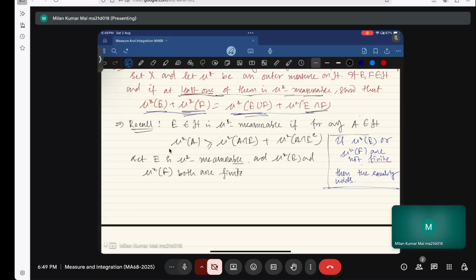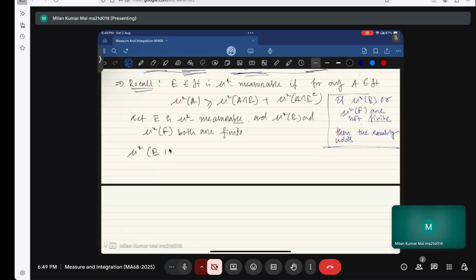Okay, so in that case mu star of E union F is equal to mu star of E union F intersection E plus mu star of E union F intersection E complement. Here we have written that E is measurable, so this is by the definition of mu star measurability.